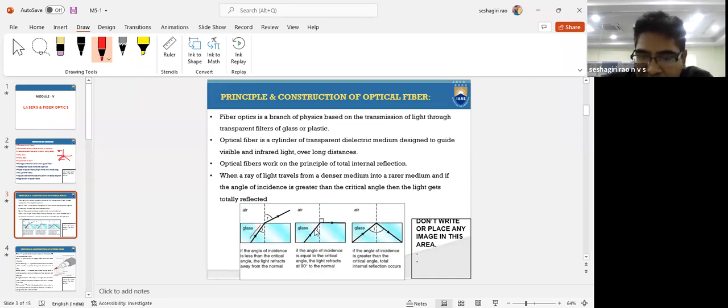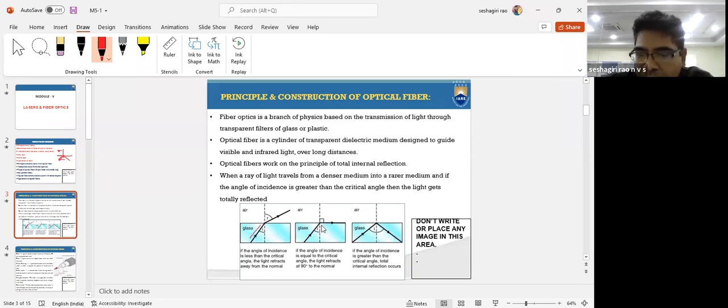But in this case, if the angle of incidence is equal to the critical angle, then the light refracts at 90 degrees to the normal.